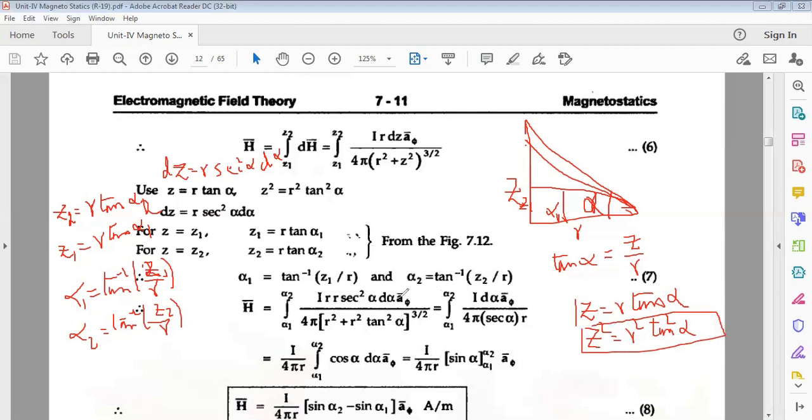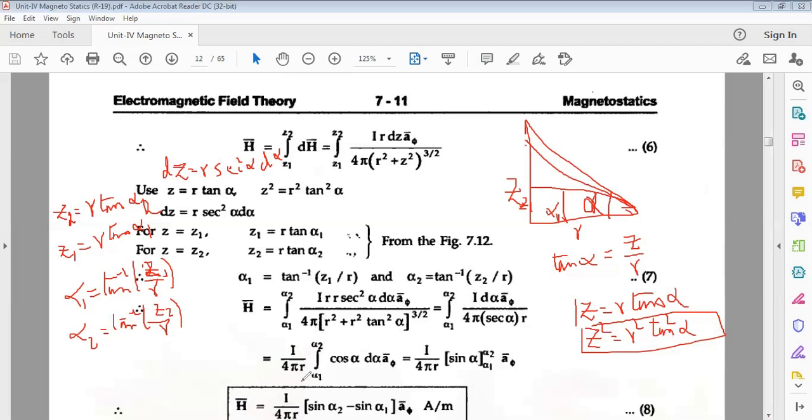Simplify this equation. The numerator is R square secant square alpha, and the denominator, taking the common R square, you get R cube, and 1 plus tan square alpha is secant square alpha, and whole power 3 by 2 becomes secant cube alpha. So in the numerator R square secant square alpha gets cancelled, and we have in the denominator R secant alpha. Okay, I by 4 pi R is a constant, and cos alpha d alpha into a phi.